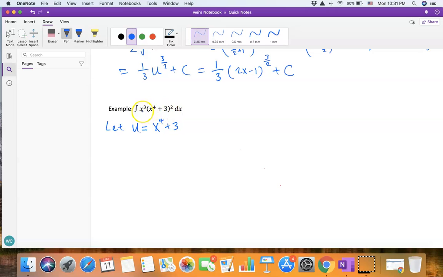The reason we don't let x be u is that if we let x be u, it's like we write everything in terms of u, so this doesn't make the problem easier. We just literally change everything into another variable, and we didn't change the function.